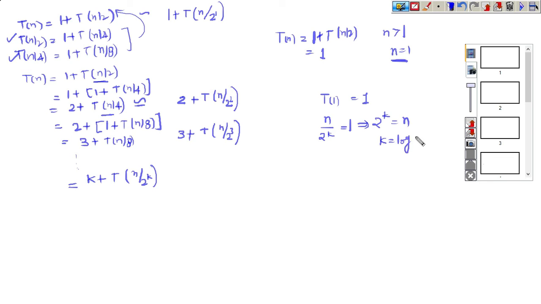I am going to replace this value here. I will get log n plus T(1), which is log n plus 1, which is nothing but O(log n). So this is my answer.